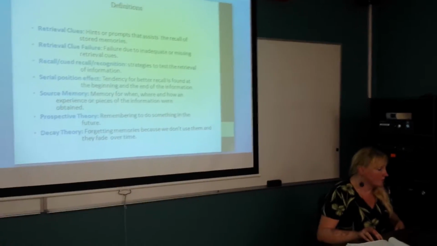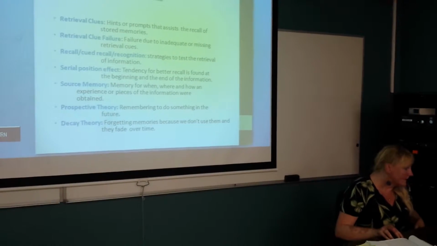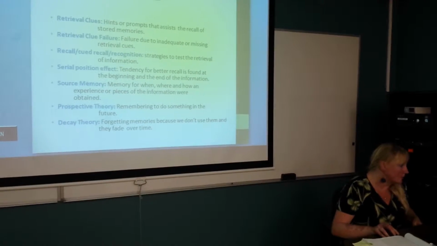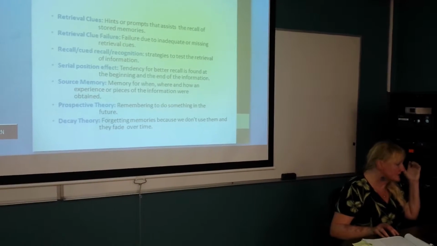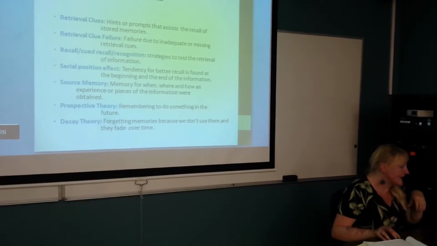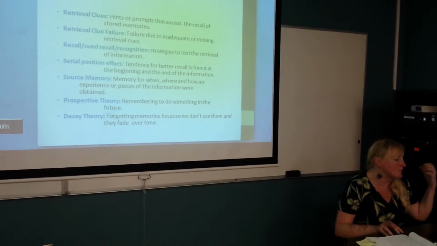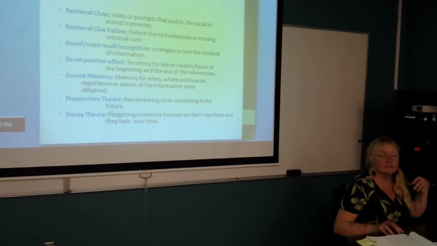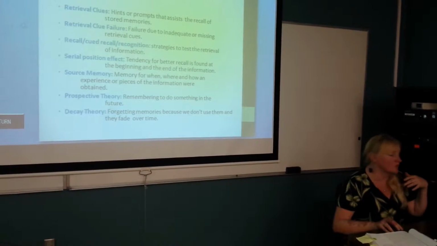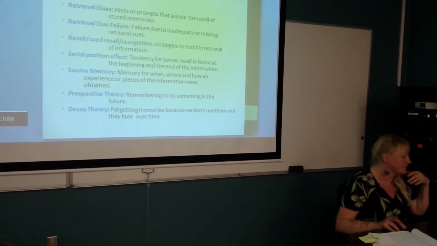You just remember the beginning and the end. Prospective theory, remembering to do something in the future. And that's a lot of times we give ourselves to-do lists and stuff like that. And decay theory, which includes forgetting memories because we don't use them anymore and they fade over time. And this is what we see typically with older people, and as we get older, we see this decay theory.